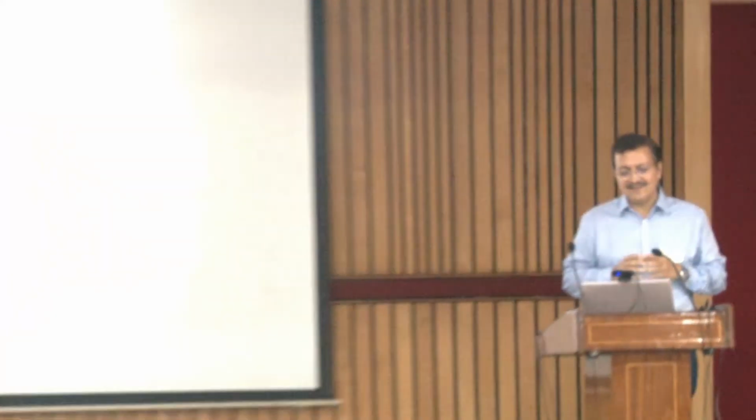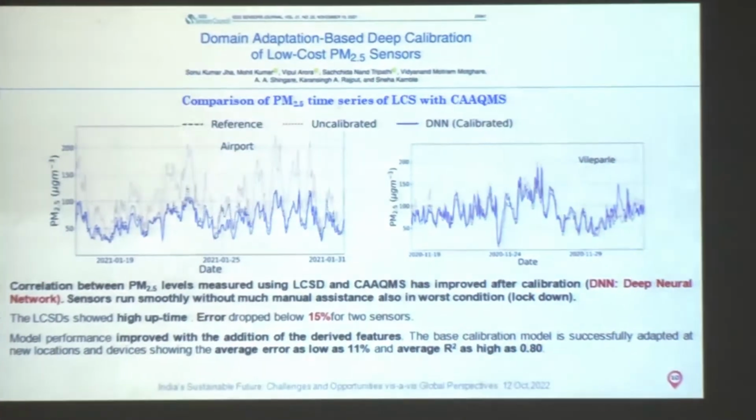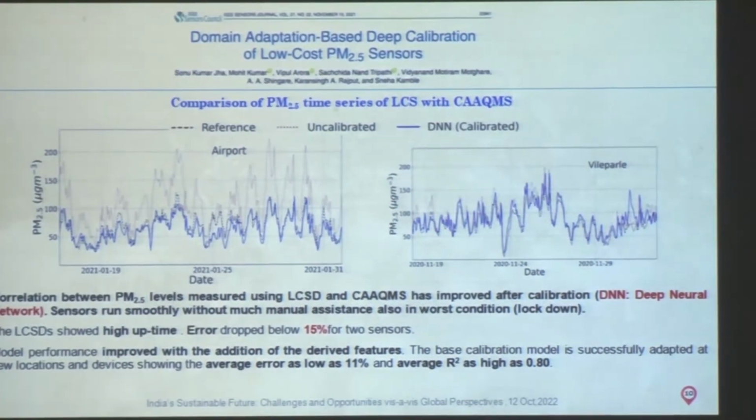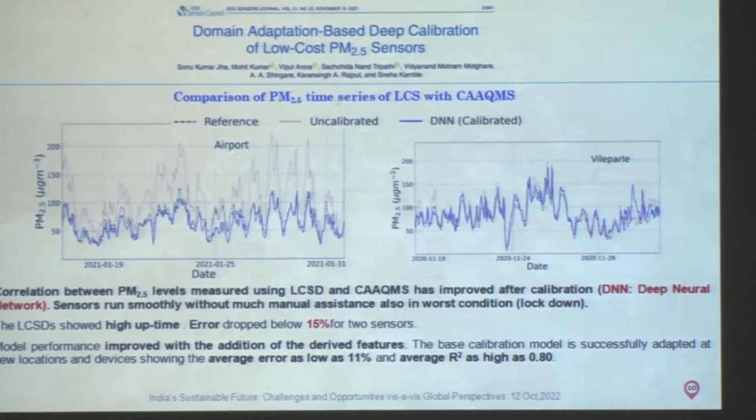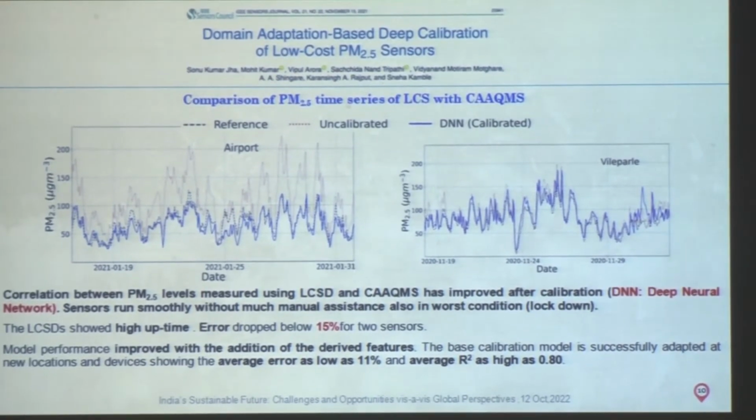Here I show you the results from two different locations, one at the airport and another at Ville Parle. Both plots show three lines. One is the measurement made by the sensor, the second is the measurement by the government monitoring unit, and the third is where, by obtaining a correction factor between these two measurements, that correction was then applied to the sensor data.